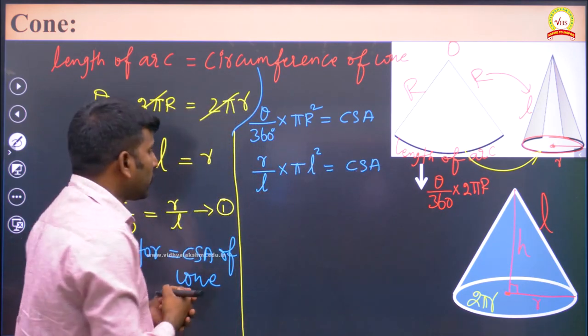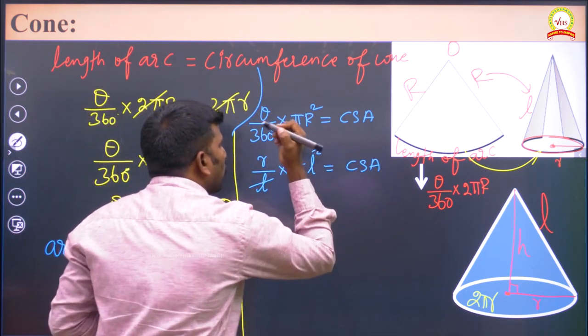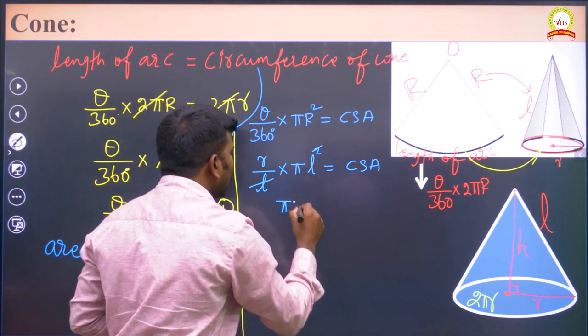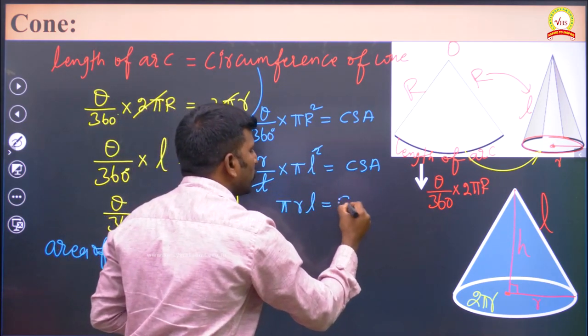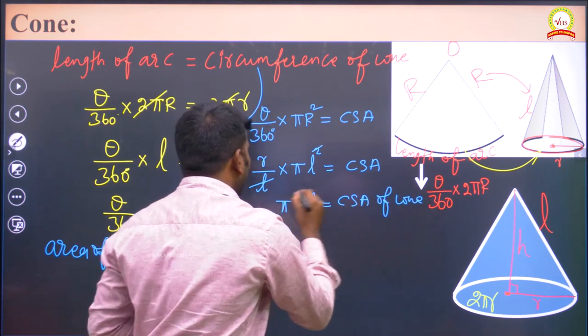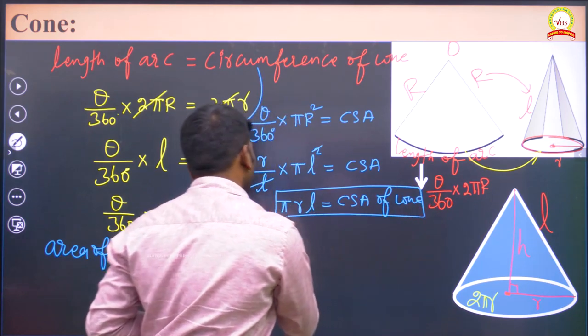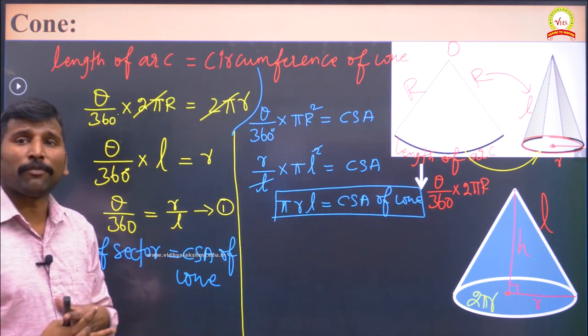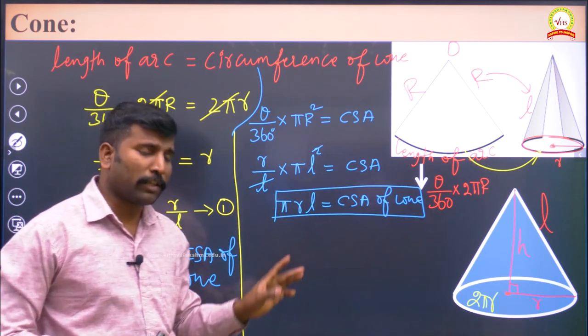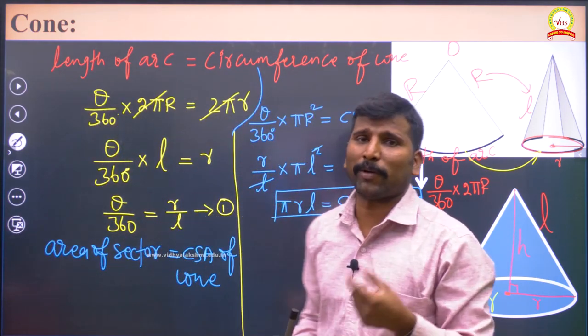Now one L cancels. What remains is pi R and L, which is equal to the CSA of a cone. So we got the required formula: CSA of cone equals pi r L. It's a simple way. If you forget the formula, we can remember it using this.